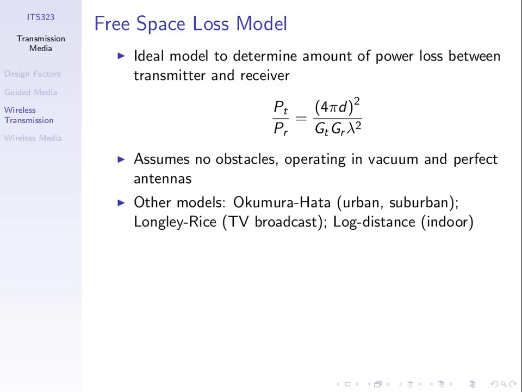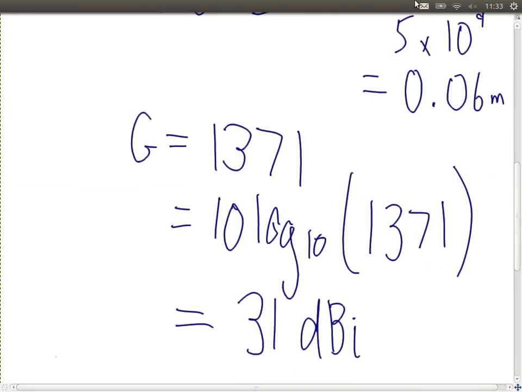Let's go through an example to illustrate how we can use this mathematical model of path loss. Let's first illustrate a scenario where we have a transmitter and receiver, and we want to determine some characteristics of the system.